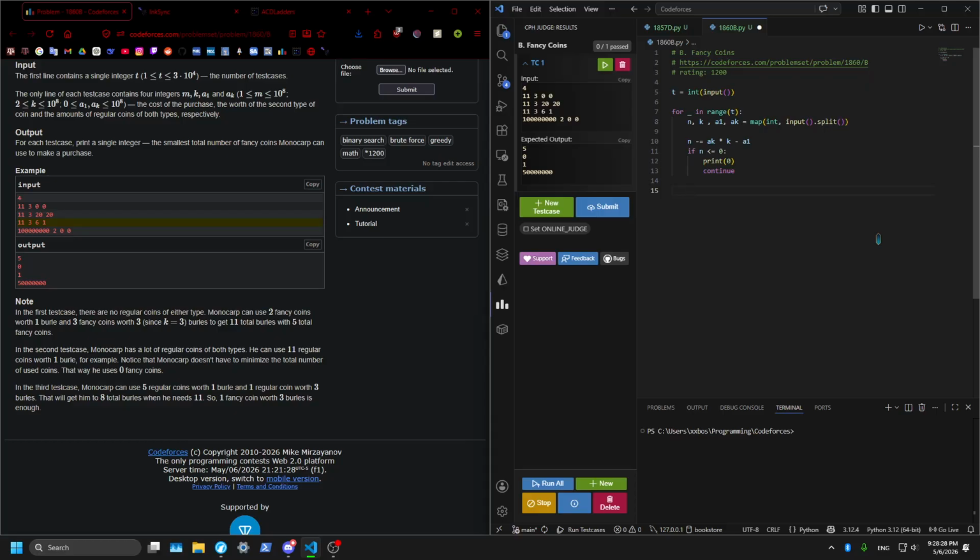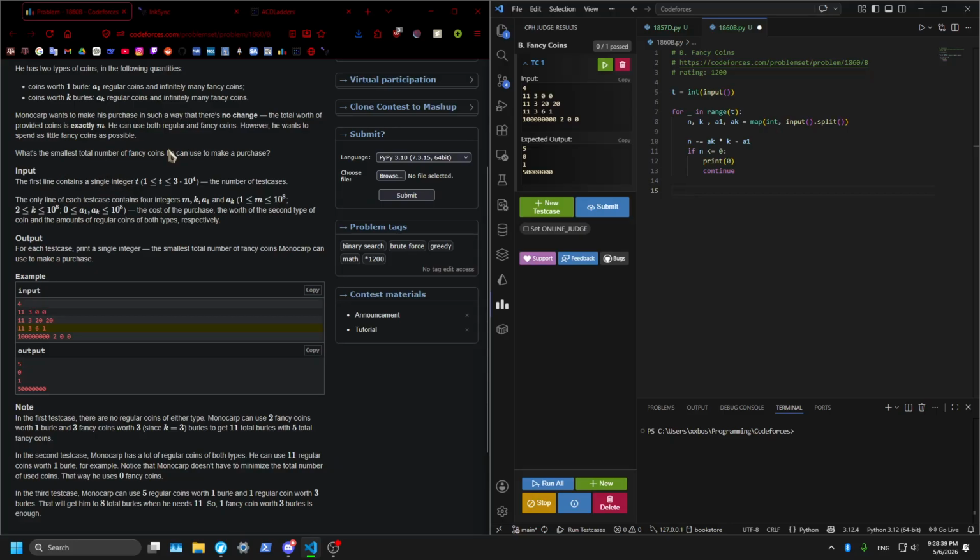Now, 11. No change. Now we greedily use, okay, we should track to print equals 0.